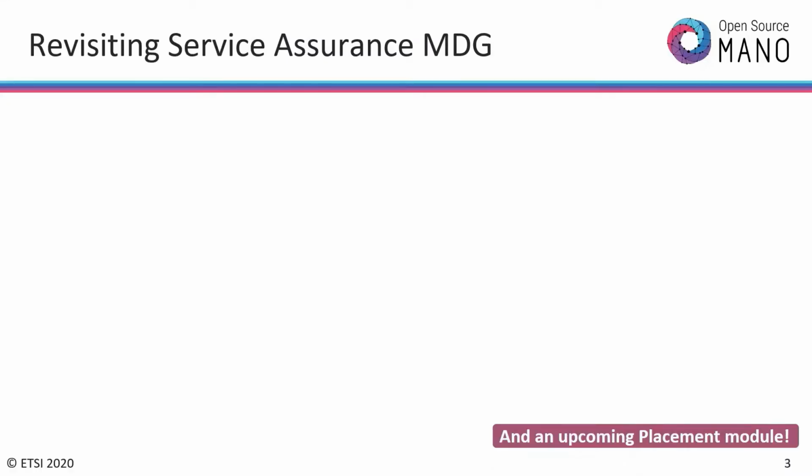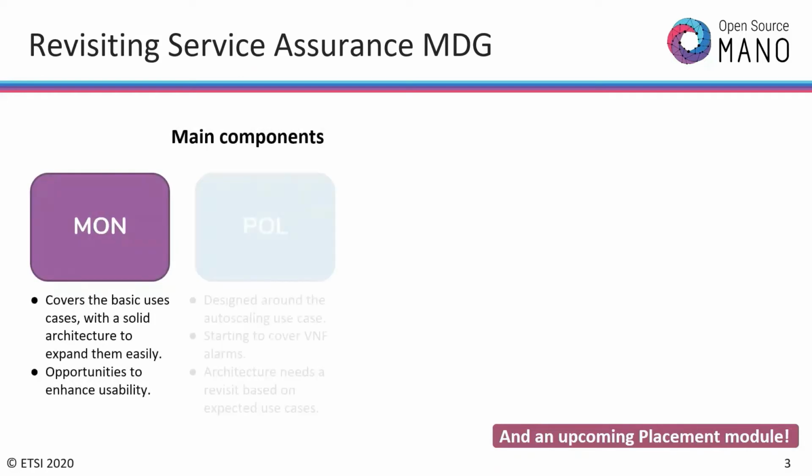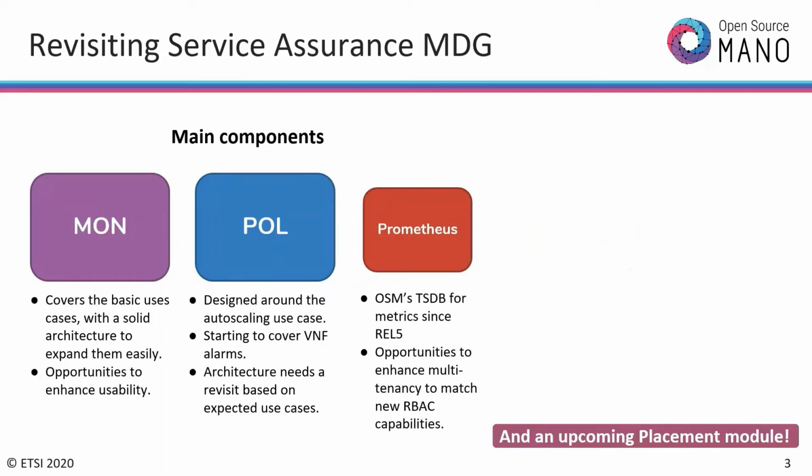So if I can revisit what we discussed in the last session on monitoring, we have these three modules in service assurance: the MON module, which primarily does the monitoring, the POL module, which does the policy control part, and Prometheus, which provides the time series DB.